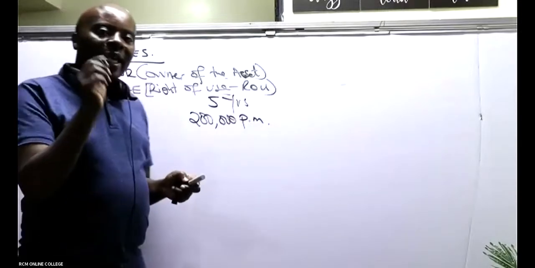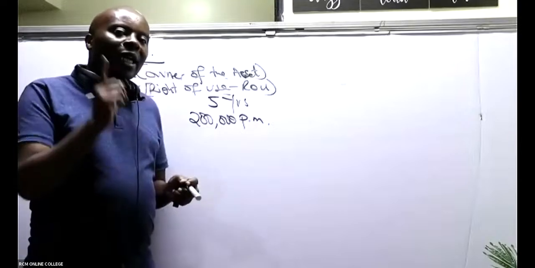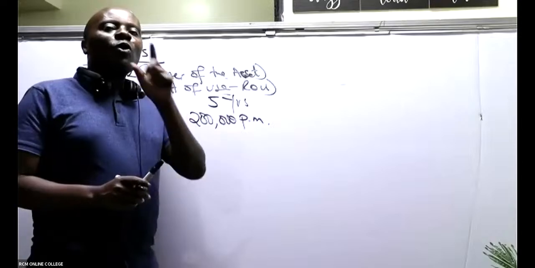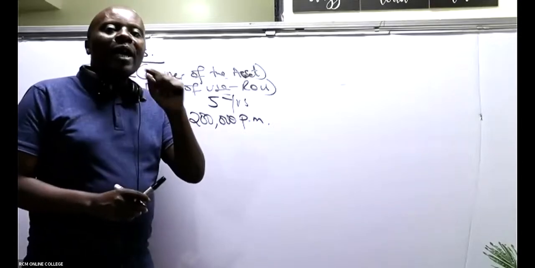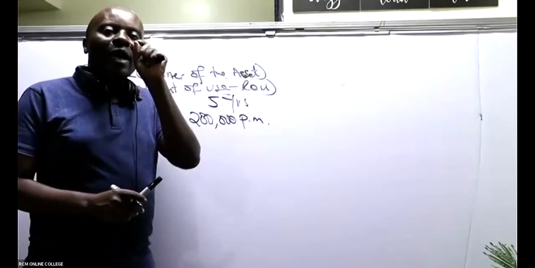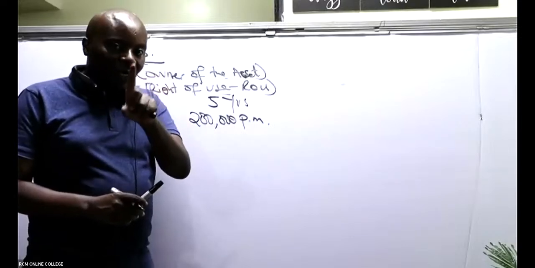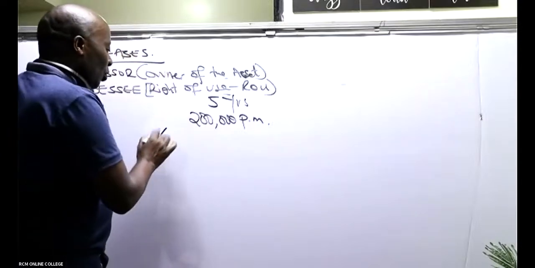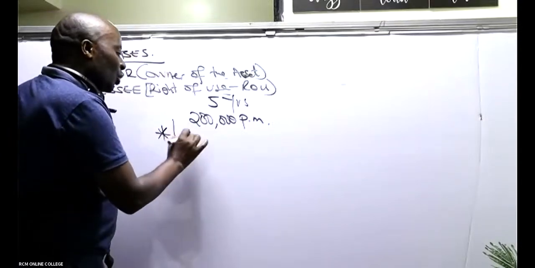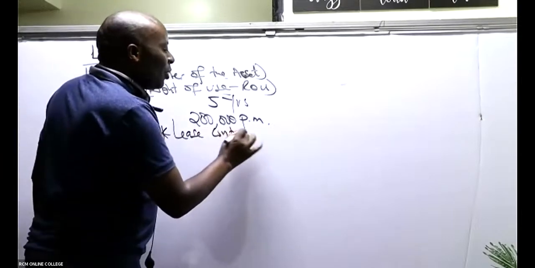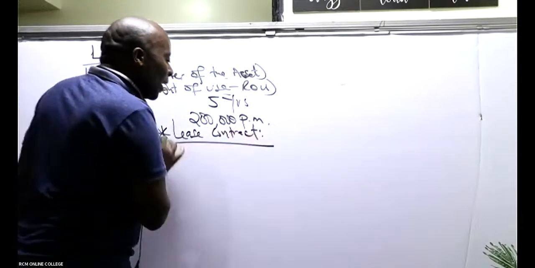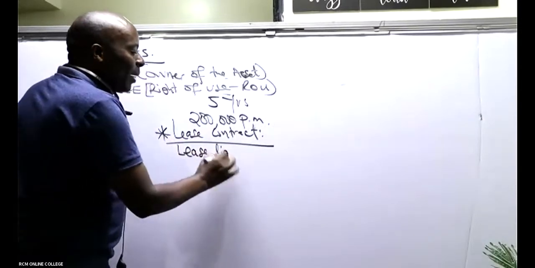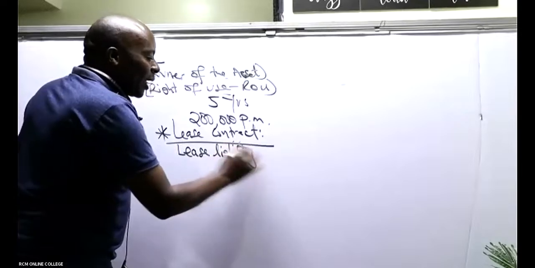So when we sign the contract, as the lessees we have an obligation, a very big liability to this landlord. The very first thing you do whenever you sign a lease contract is you must first of all recognize what we call a lease liability.